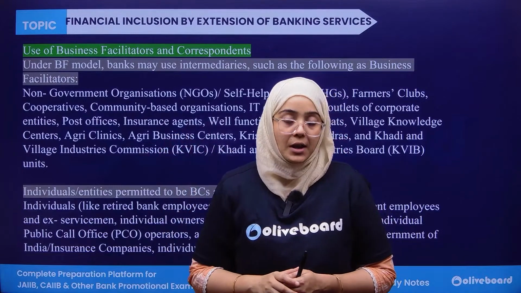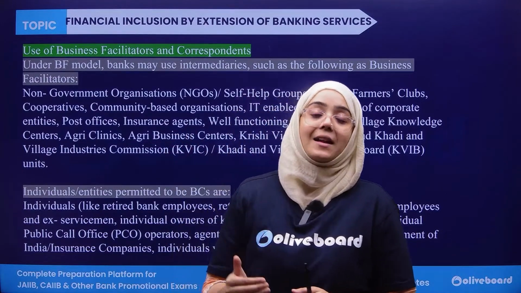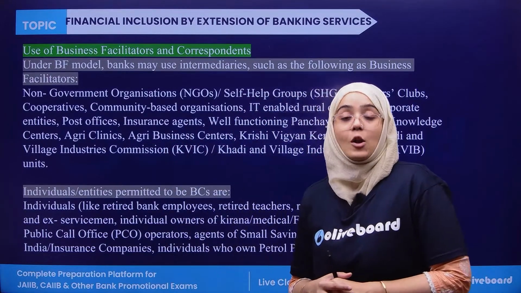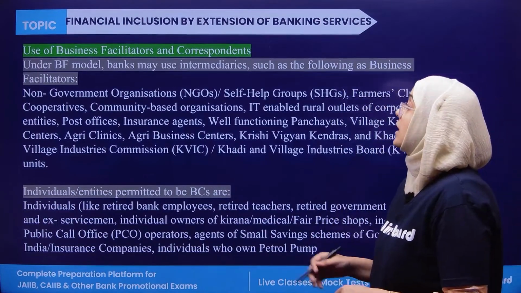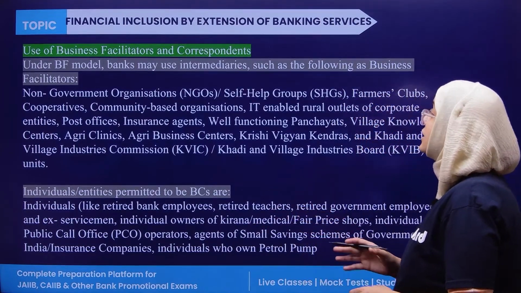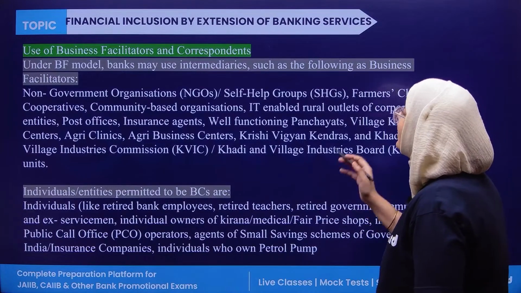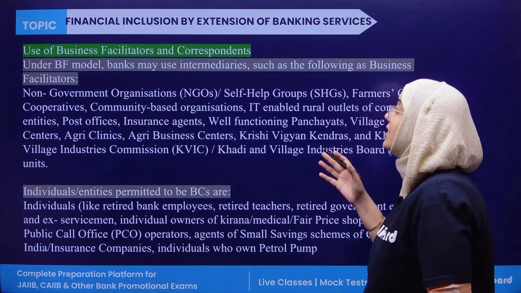Now let us discuss who acts as a business facilitator and who acts as a business correspondent. Once we talk about the business facilitator concept, banks use intermediaries as business facilitators.